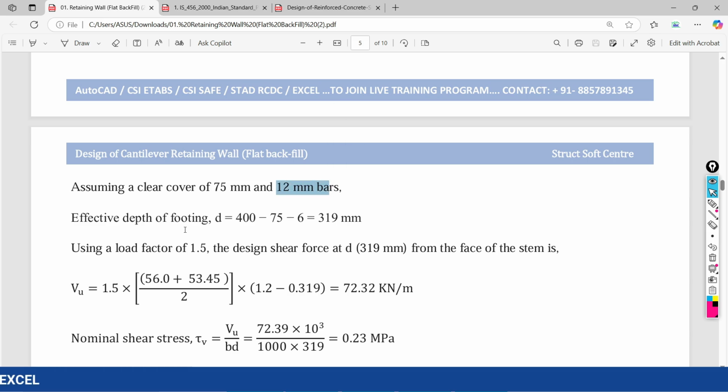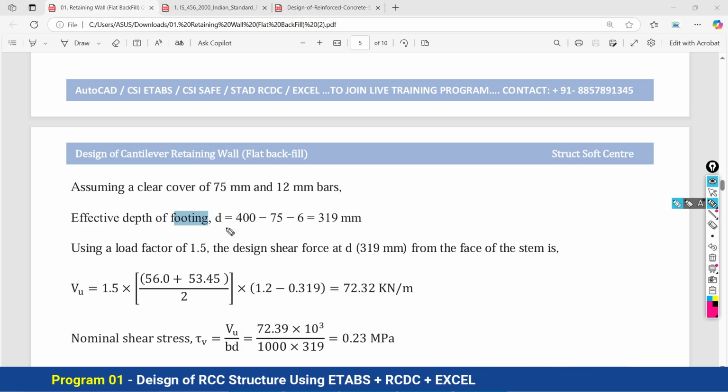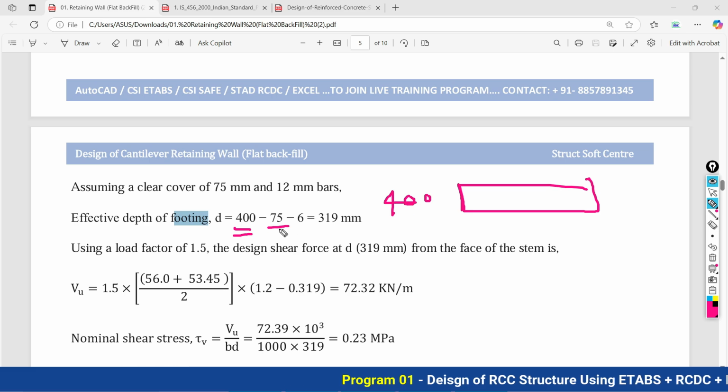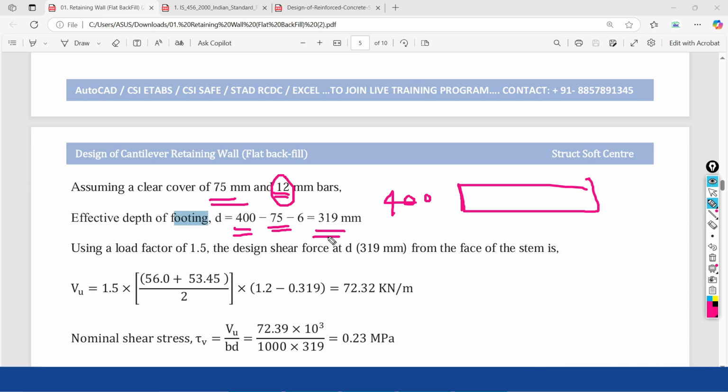Now the effective depth of the footing, means the base of the retaining wall: overall depth of the base is 400 mm minus clear cover 75 minus half of the diameter of the bar you are going to provide. So we are getting the effective depth of the base as 319 mm.